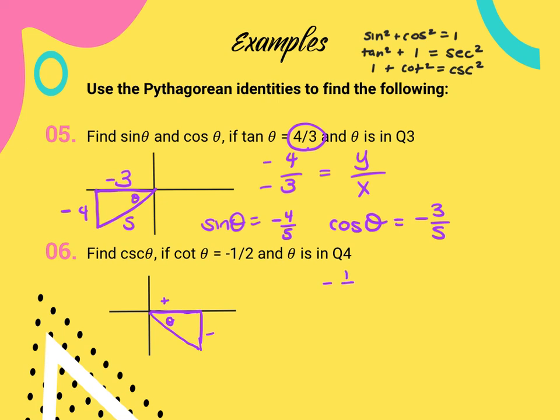Now if cotangent is negative 1/2, that means tangent would be what? Negative 2, technically negative 2 over 1, right? And that is your y and your x. So the y is the negative 2 and the x is the 1.